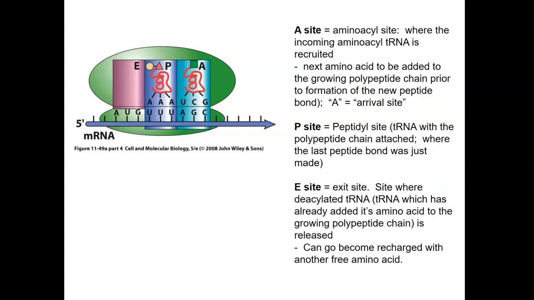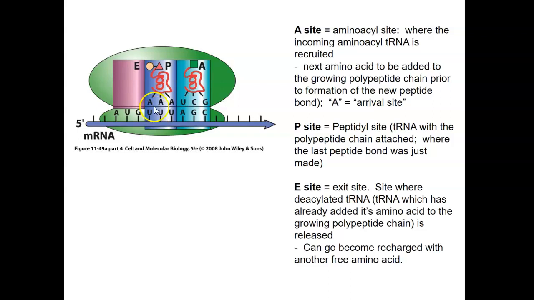Once those two ribosomal subunits come together and interact with the mRNA, we basically have three different sites within that whole unit. The first we call the A site, which stands for the aminoacyl site, and this is where the new tRNAs that are attached to a particular amino acid will interact with the appropriate complementary codon on the mRNA.